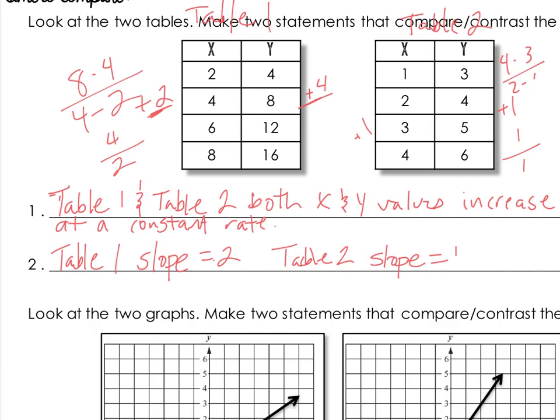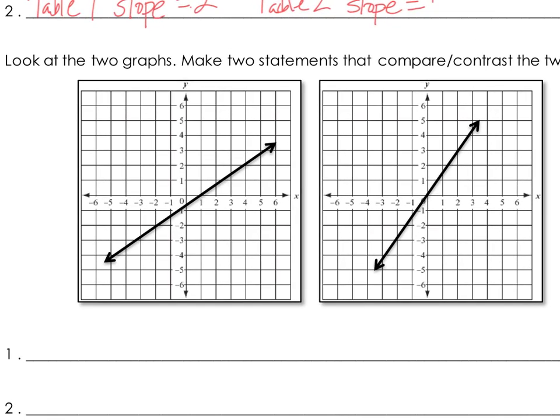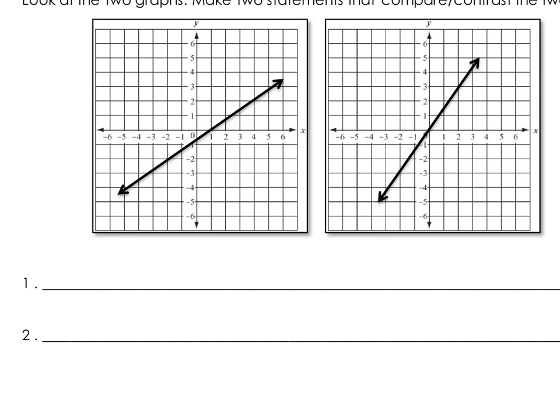All right. What if we see two graphs? Look at the two graphs that we've got here. What do we know that's the same about these two graphs here? Again, if you want to take some guesses, feel free to pause the video and take some guesses on these.